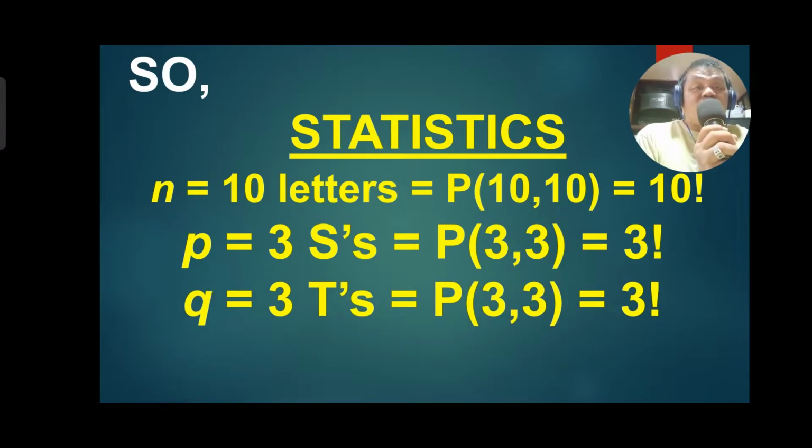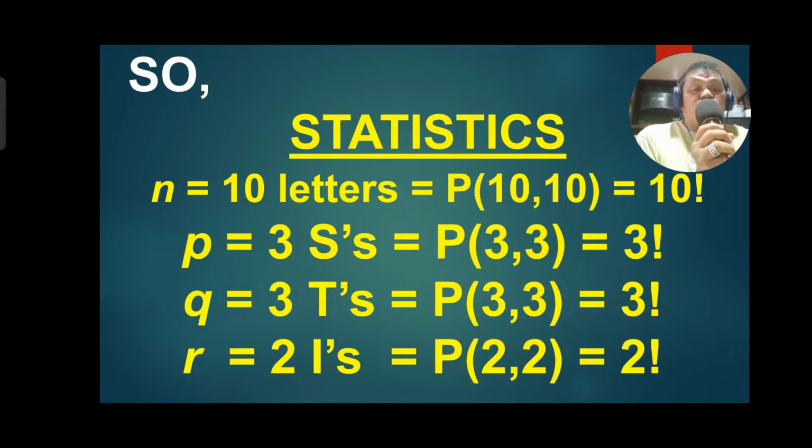There are 1, 2, 3 T's, and that would be our q, the permutation of 3 T's taken 3 at a time, equal to 3 factorial. And how many I's? We have 1, 2. So we have 2 I's, and that would be our r, the permutation of 2 I's taken 2 at a time, equal to 2 factorial.